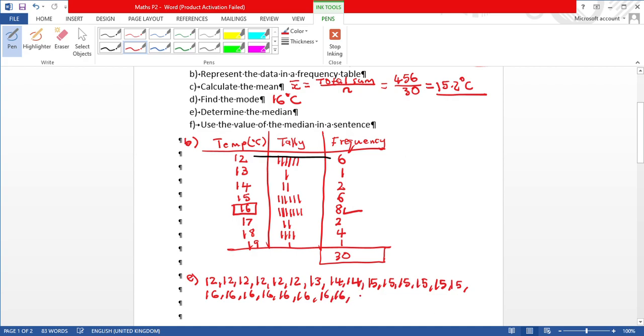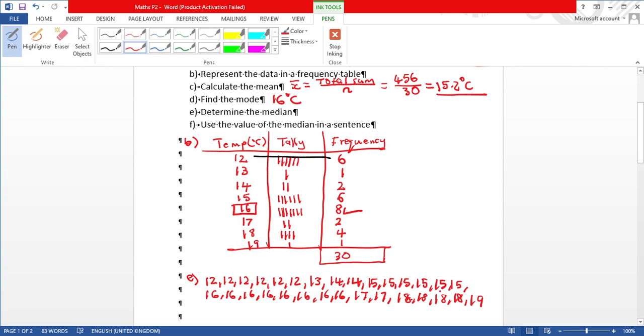Then 17 are 2, and 18 is 4 of them. 19 is just 1 of them, just 1 19.